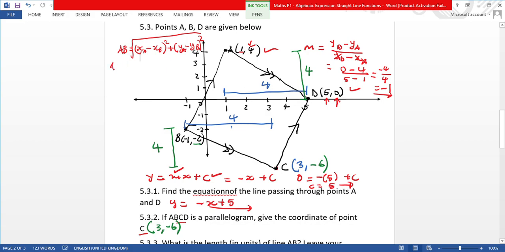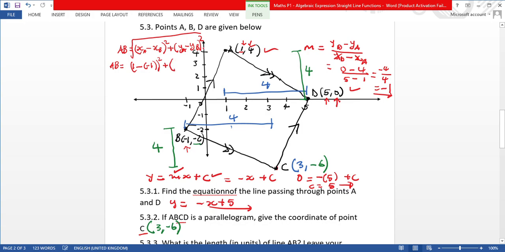So now we're going to continue to say AB is therefore equal to, the x coordinate at A is 1, so you say 1 here, minus the x coordinate at B, which is minus 1. So let's just replace minus 1. Then we're going to say all squared. Don't forget the square.